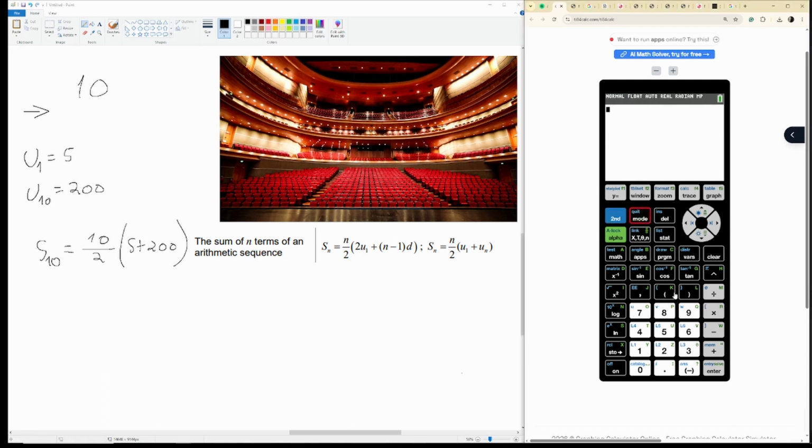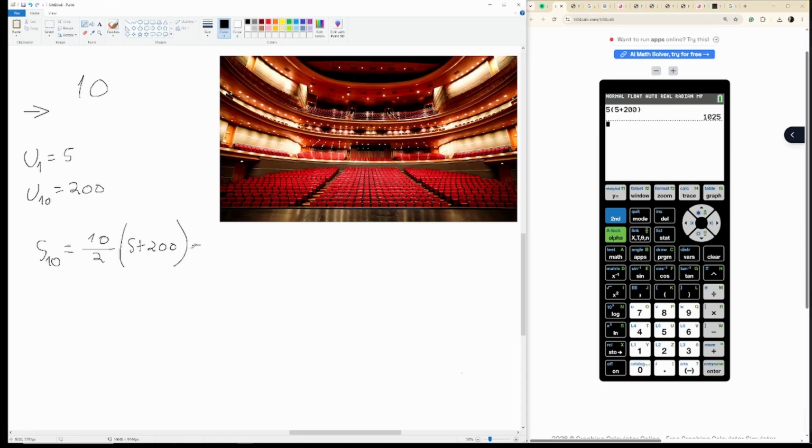Then we can put it quickly into our calculator, and we get that the total within the 10 minutes of people coming in was 1025.